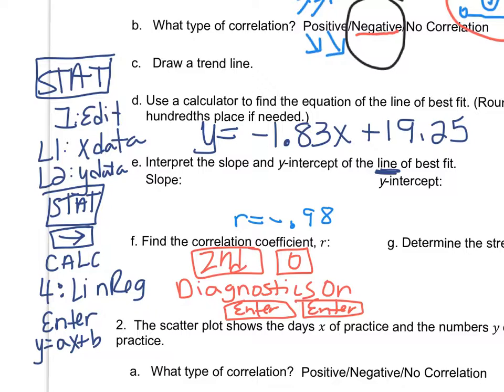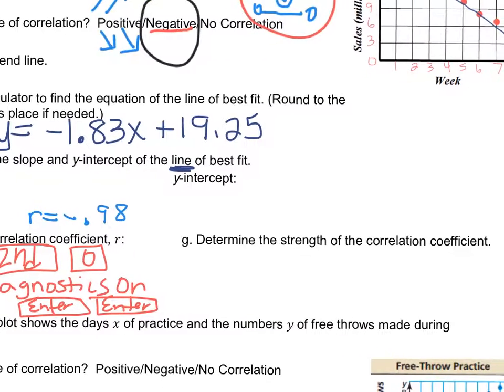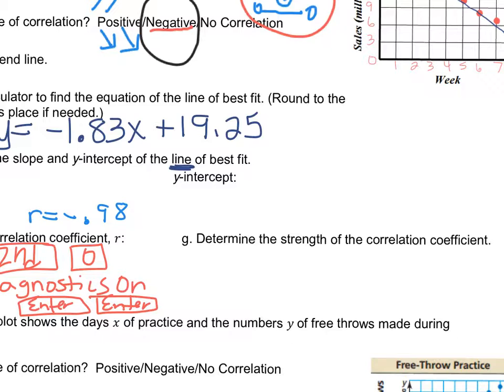Okay, so I came up with a correlation coefficient, or an R value, of negative 0.98. So let's talk about what the correlation coefficient means. And really what it is, it's a scale from -1 all the way to +1. So your R value is going to be anywhere from -1 to +1.